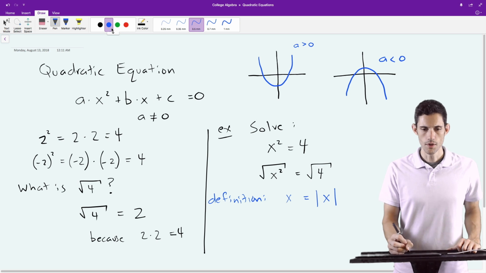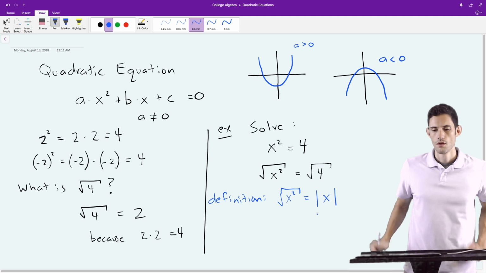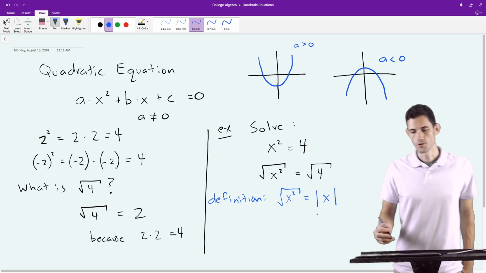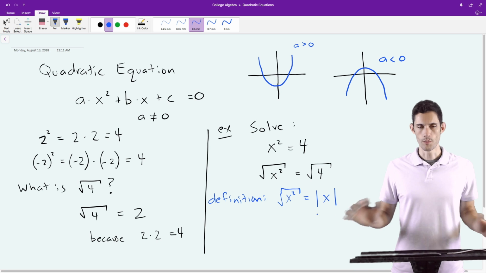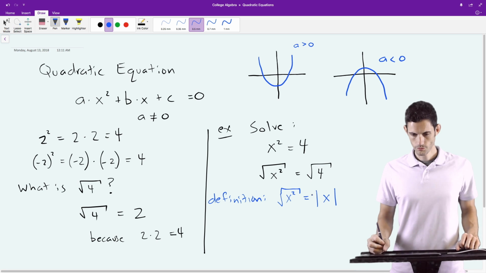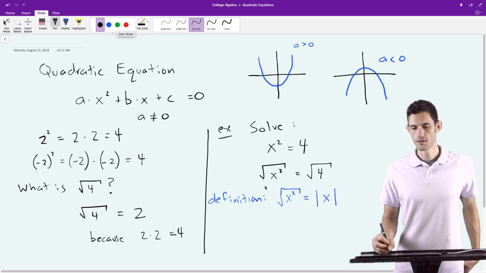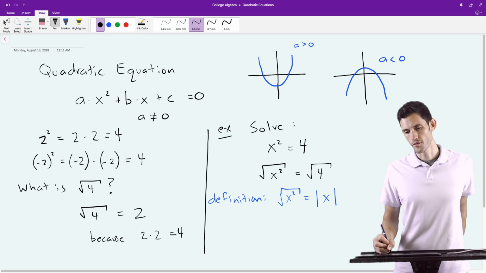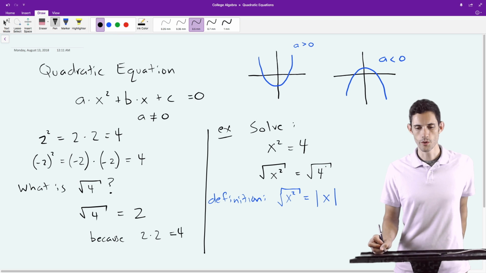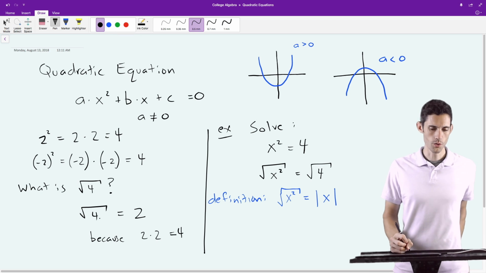So what that means is the absolute value means whatever x is, you make it positive. Whatever's on the inside, you make it positive. So using that definition, in our previous equation, we have the square root of x squared is equal to the square root of 4. So earlier over here, we found that we know that the square root of 4 is 2.